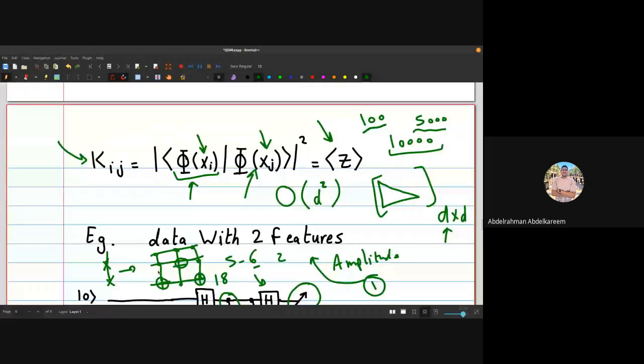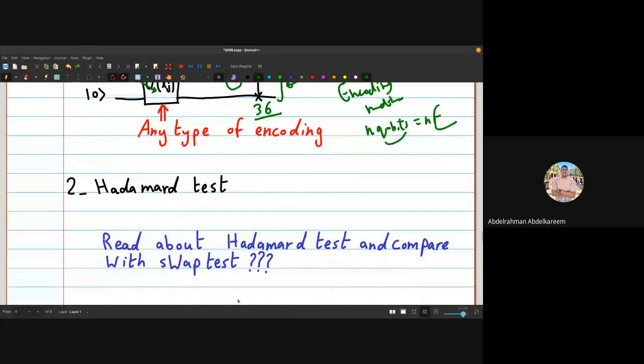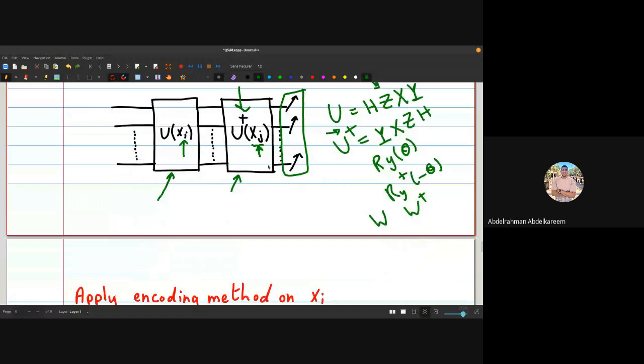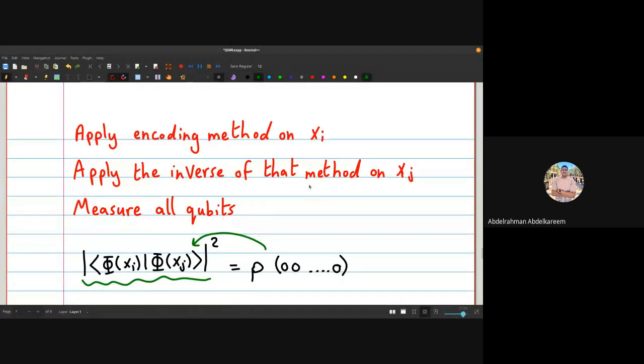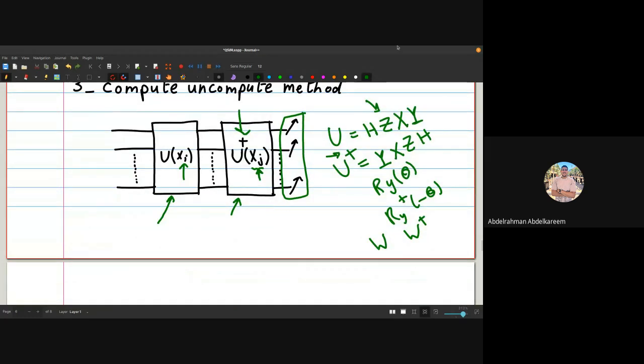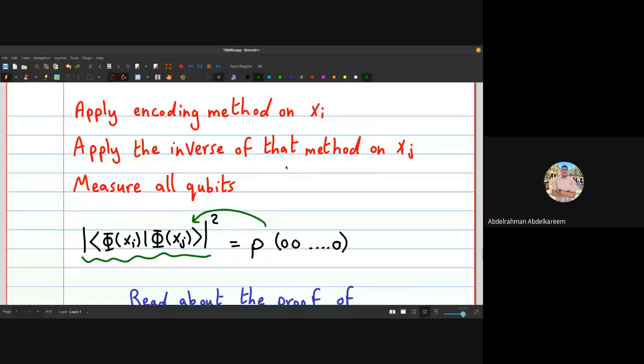You will use one of these three methods to compute the quantum kernel. Then you input the quantum kernel into the functions as in the classical workflow. So it's a hybrid approach. The quantum helps us with calculating the kernel to capture different patterns of similarity between the data and to leverage superposition and entanglement.